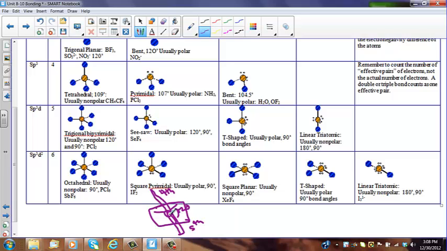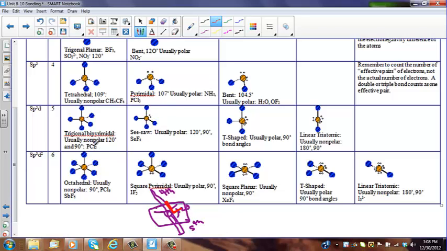So you've got the three in the middle that are in the same plane, 120 degree angles. Now you've got one coming out the top of the sticky note, out the bottom of the sticky note. They are at 90 degree angles from the plane of the paper.